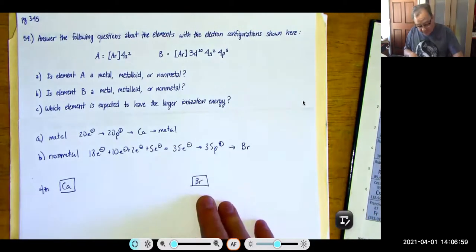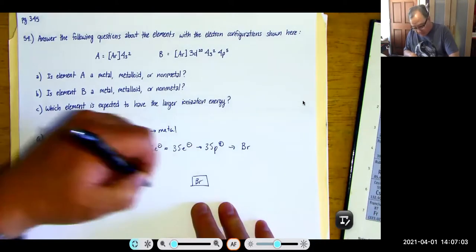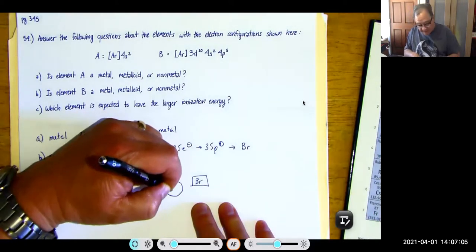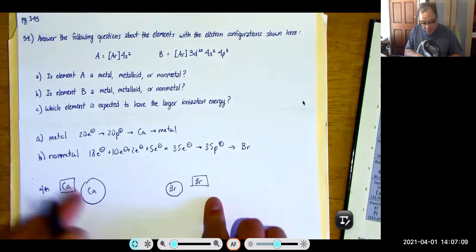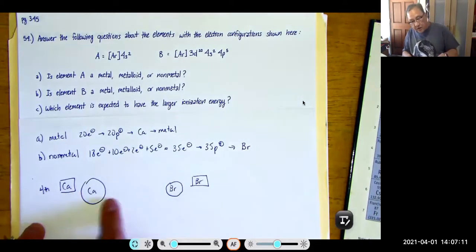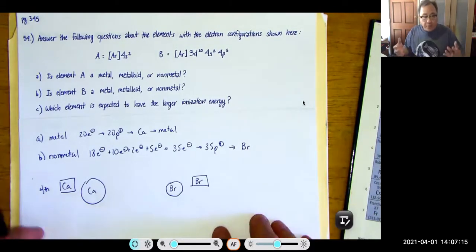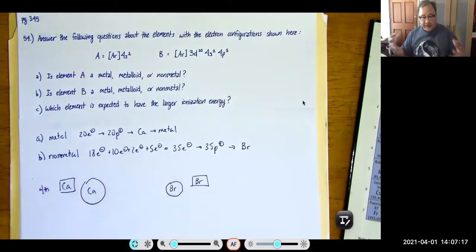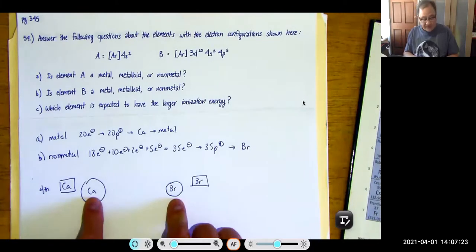And if this is a calcium, then this is what we'd expect for a bromine, because in the same row, same period, we expect the size to get smaller as you go farther to the right. And that's because you have more protons pulling in that outer shell. And so these would be smaller because this has 35 protons, whereas this only has 20.